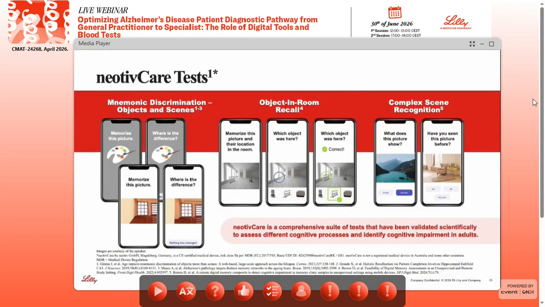Now, the Neotive Care tests are used on the patient's own smartphone device. Here you can see screenshots from the tests that are implemented. There are 3 different types of memory tests in the Neotive Care app that the patient can do on their own, without supervision, on their own smartphone.